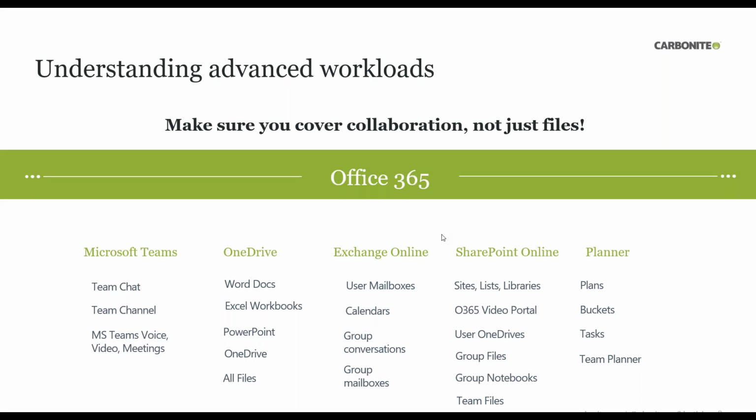With respect to the tiering, from our perspective, it doesn't really matter what tier you're on. We can back it up provided it's accessible through Exchange Online. So if you're one of the, let's say, legacy customers that used on-premise SharePoint for OneDrive, we can't back that up because it exists within your infrastructure and not within Azure.